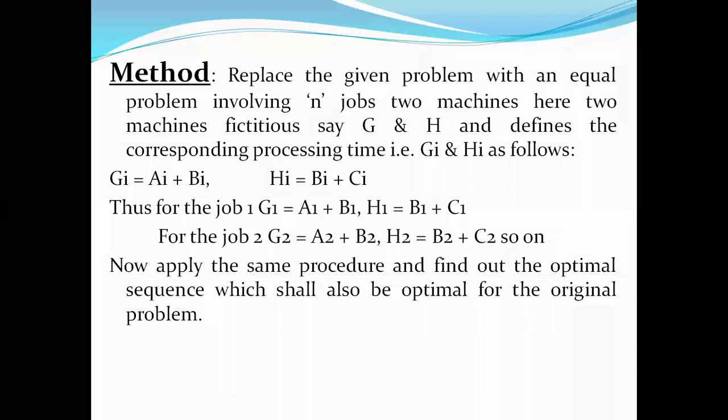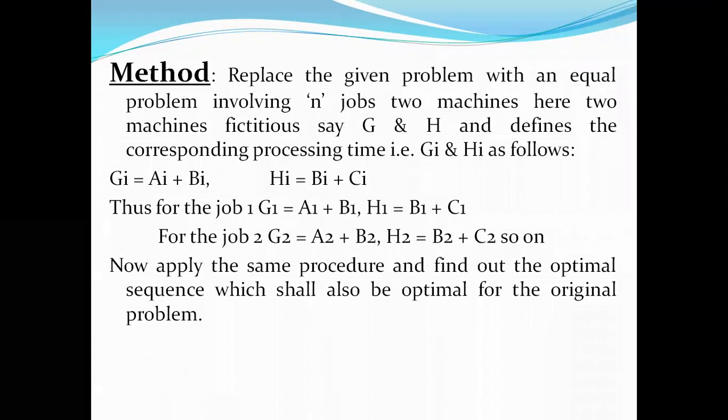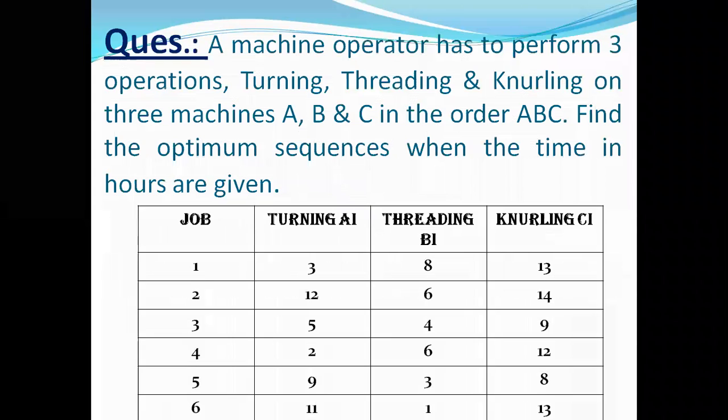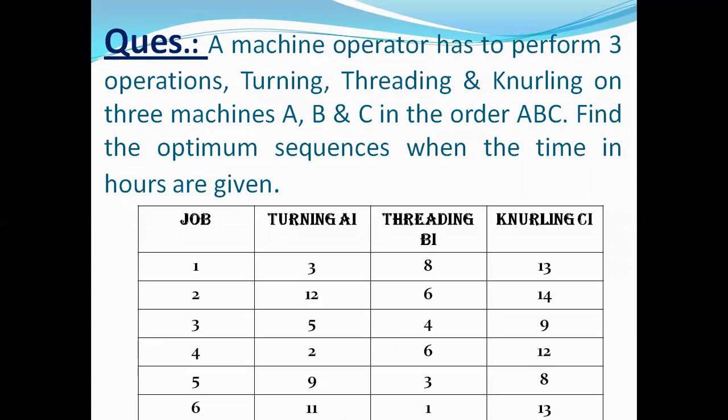So the machinery names have been identified here, that is machinery A, B, and C. And we will apply the same procedure to the problem. We will look at one problem. The machine operator has to perform three operations, that is turning, threading, and knurling, on three machineries, that is A, B, and C.